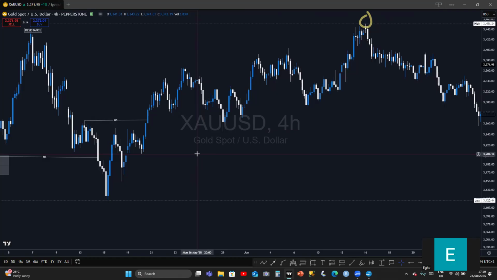Then you now see price coming back to that same place to fill up the FVG. So smart money concept teaches us that you have to wait for price to come back to that origin that caused that spike or that break of structure.